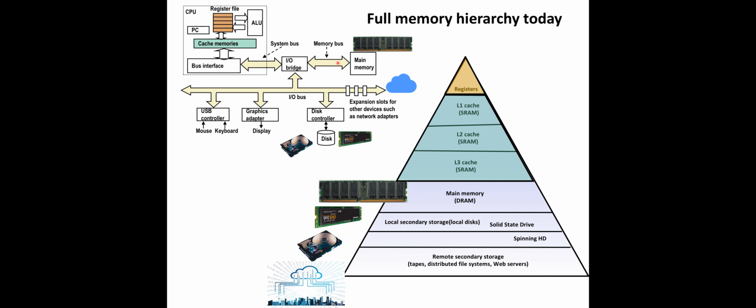Yet, there's, of course, less of this than on the other levels of the hierarchy, so there's only so much we can store in the main memory of our machine when we're executing anything.